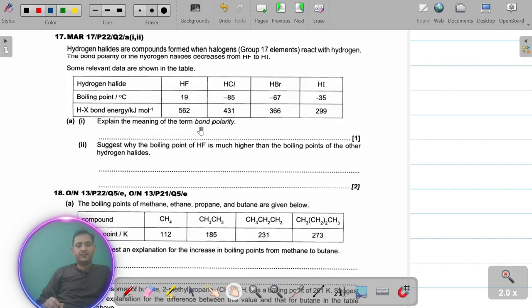Explain the meaning of the term bond polarity. Bond polarity means one element is partially negative and the other partially positive, due to an electronegativity difference. Why is the boiling point of HF much higher than the boiling point of other hydrogen halides?